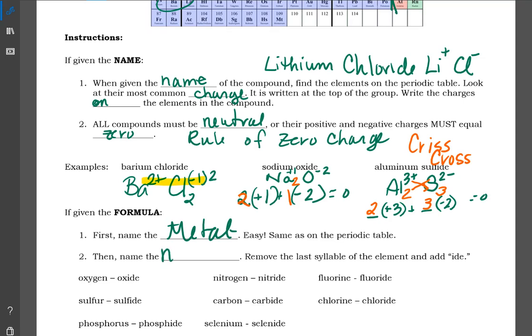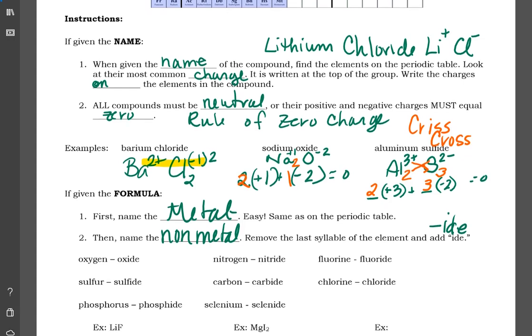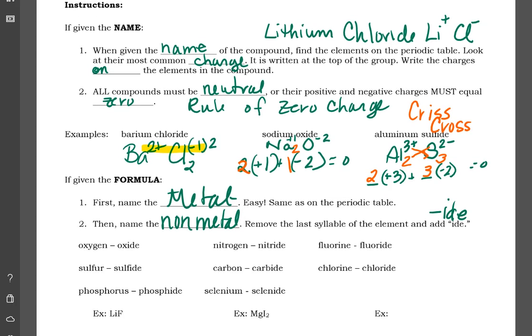Then you name the nonmetal, and with the nonmetal we put that "-ide", that suffix in. So oxygen becomes oxide, nitrogen becomes nitride, fluorine becomes fluoride, sulfur becomes sulfide, carbon carbide, chlorine chloride, phosphorus phosphide, selenium selenide.